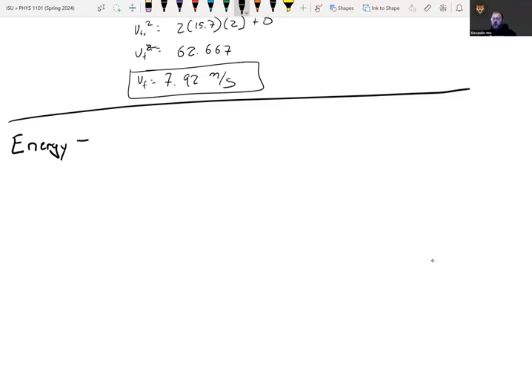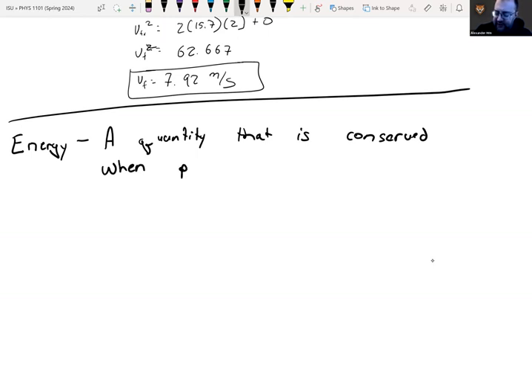Basically, the way we can think about this, it is a quantity that is conserved when physical processes occur. Now, I would not call that the definition, but that is a very important attribute of energy.